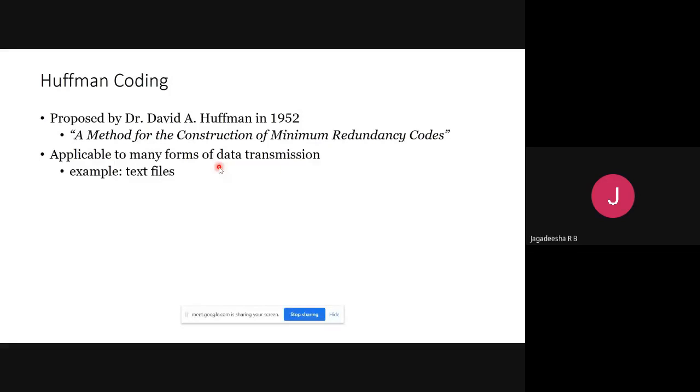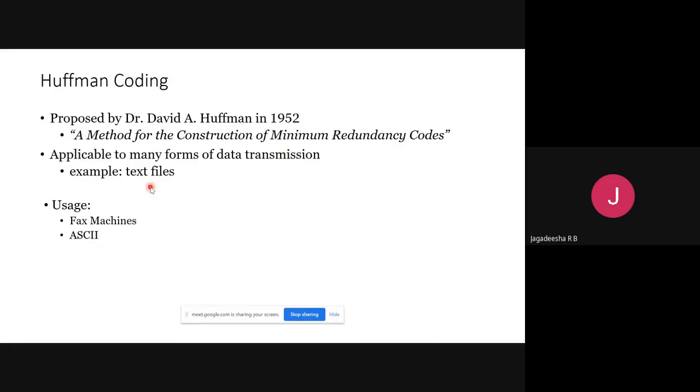Okay, so what is the application of this? It is applicable for data transfer. For example, if you have any text files, some sources, maybe a teletypewriter or a fax machine, which generates different symbols when you want to transmit text files. And similarly, it is applicable to other kinds of data also.